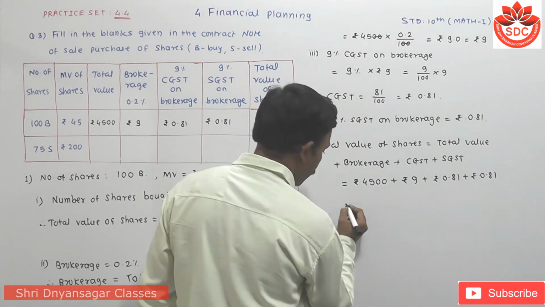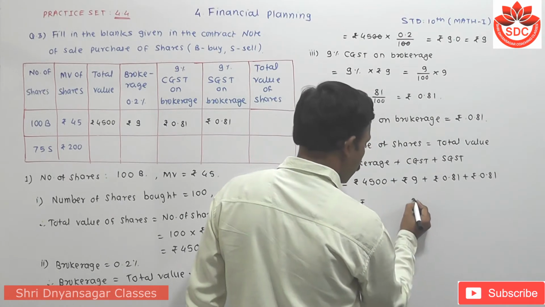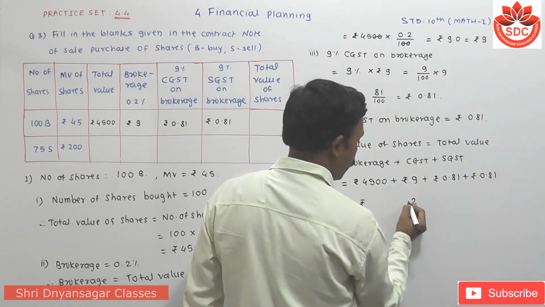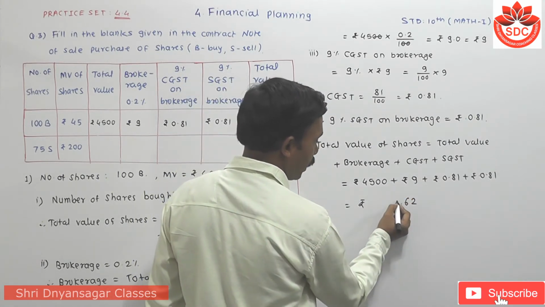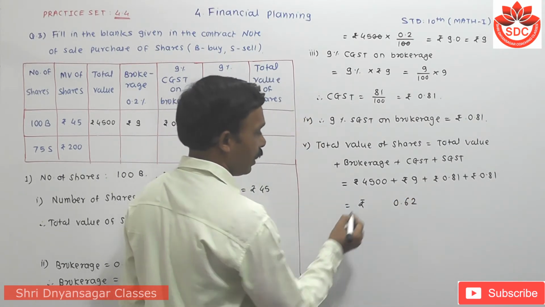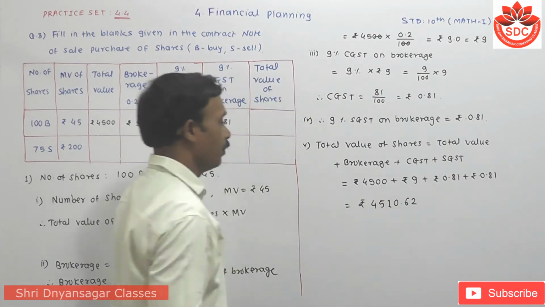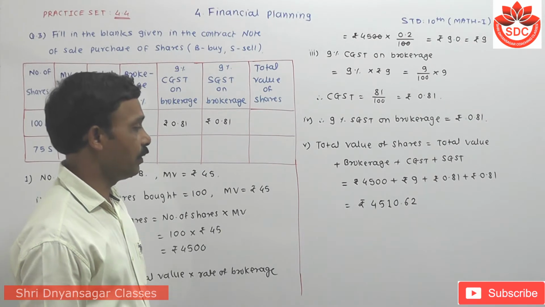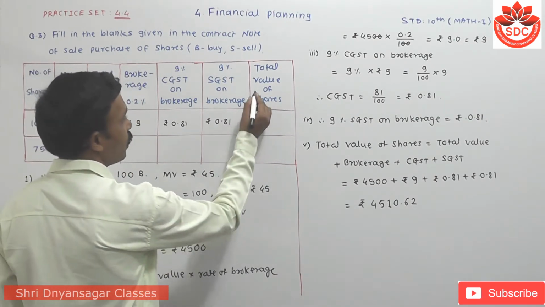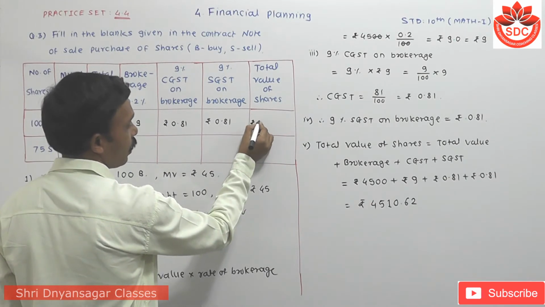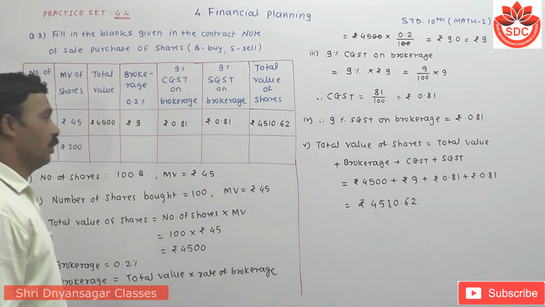Now you have to add it. Look carefully. 1 plus 1 becomes 2 here. 8 plus 8 becomes 16, carry 1. Then 9 plus 1 becomes 10, carry again 1 as it is, then 5 and 4. So this is rupees 4,510.62. This total value of the shares is 4,510 point 62.